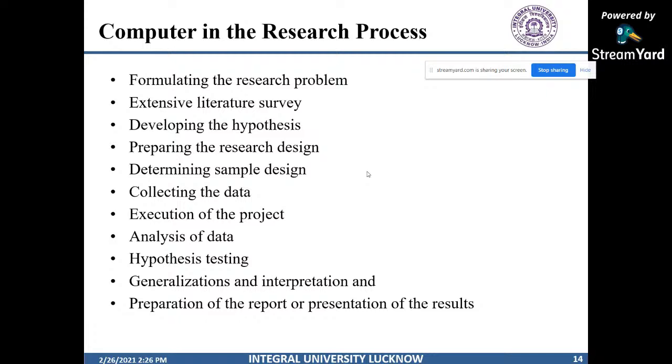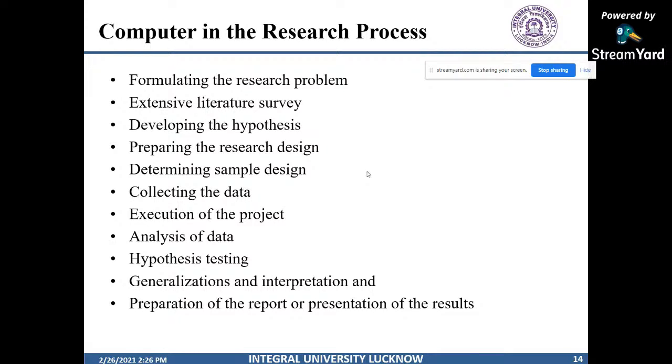We know there are fields like computer science, electrical engineering, or electronics engineering, but many fields are there in electronics also. If you are in electronics, someone is doing research on microwave signals, someone on image processing, or someone on circuits.